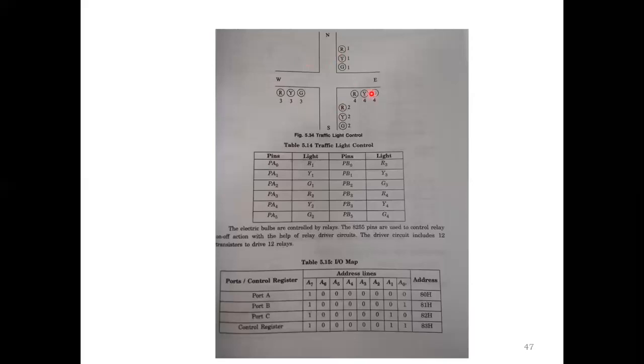Then after 3 seconds, we go to the reverse process, that is north to south communication. Here G1 and G2 glow, and R3 and R4 glow. This is a simple concept: we represent each light with a particular port. That's all.